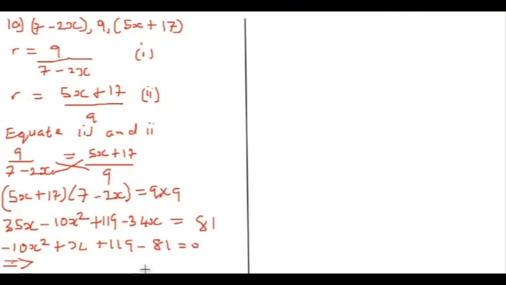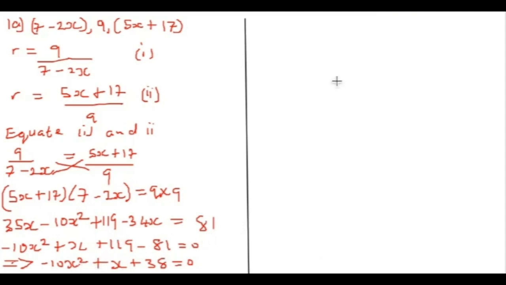So let's get our final quadratic equation. So we say this is minus 10x squared plus x plus 38 equals 0. Now, this is a quadratic equation.